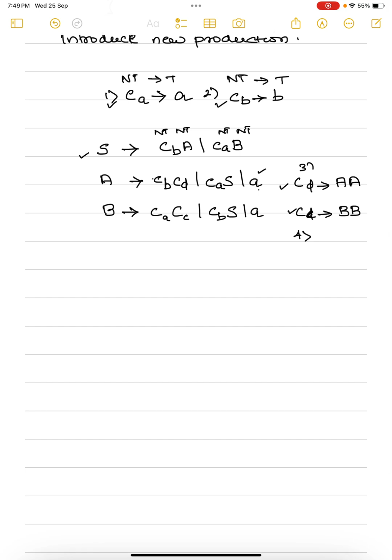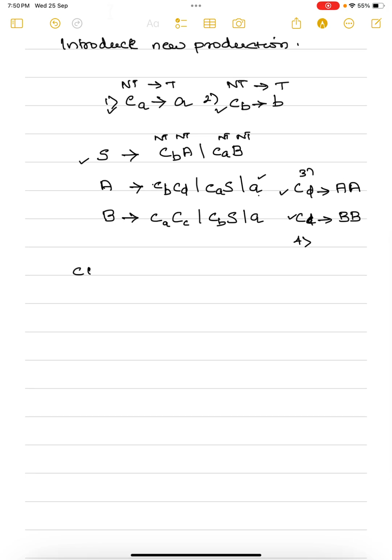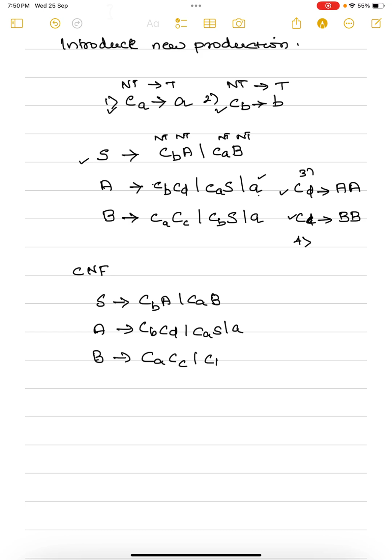So what is my Chomsky normal form? S goes to C_b A or C_a B, A goes to C_b C_D or C_a S or a, B goes to C_a C_C or C_b S or b, C_a tends to a, C_b tends to b, C_C tends to BB, and C_D tends to AA.